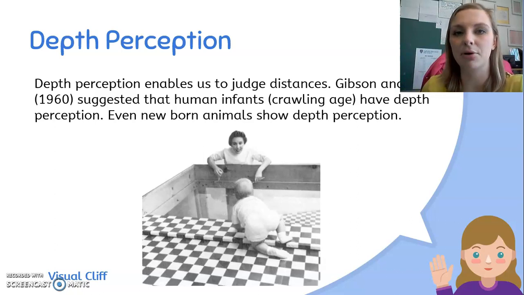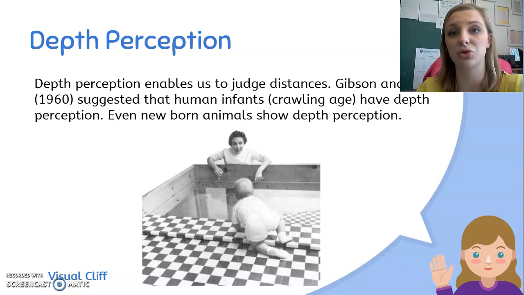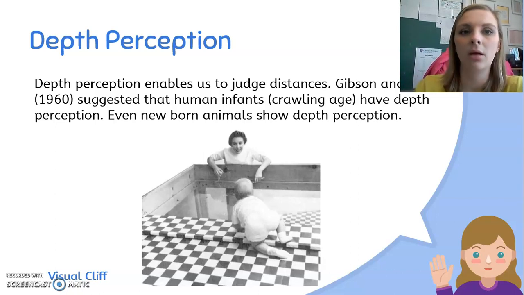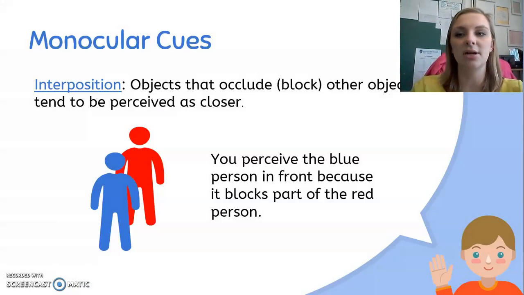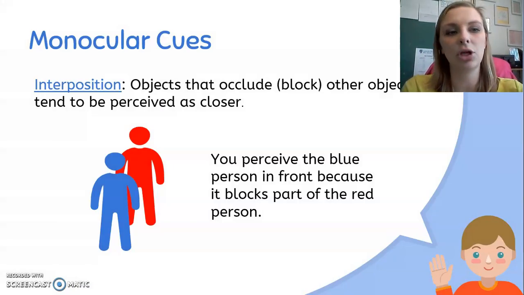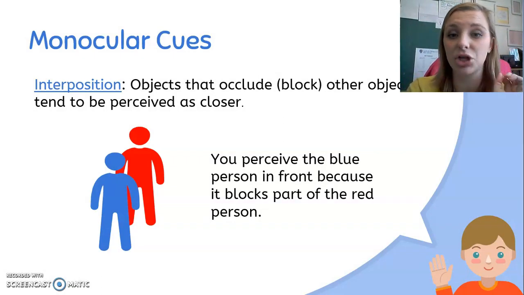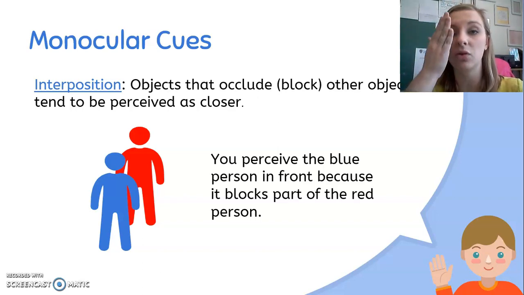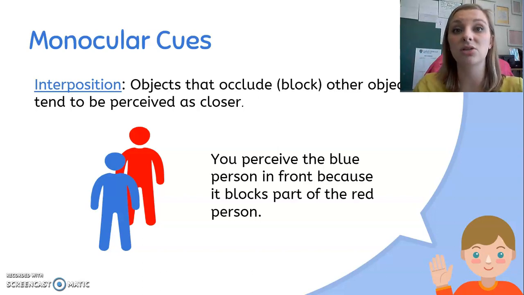So that's our depth perception, that we are able to judge distances by what is closer to us and what is further away. The next type of organization that we use are monocular cues. Monocular cues mean that you only need one eye to determine that cue. You don't need both. So you could cover one eye and we'd still be able to determine these rules.